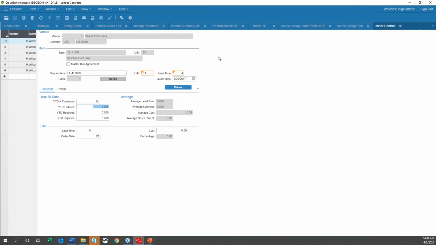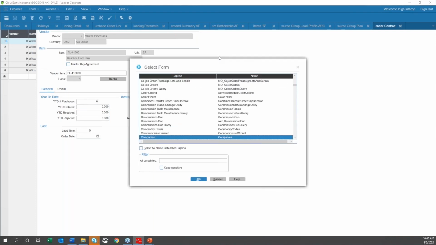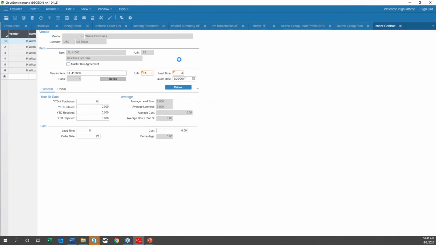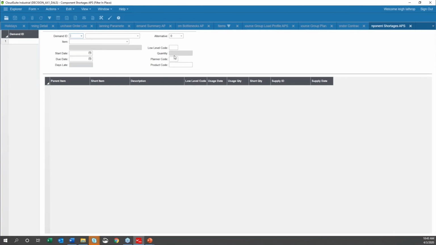In an APS environment, we've got a couple of really nice tools to use. Component shortages APS, we looked at this a moment ago, right? For a specific demand ID, I can see all of the components that were short on a specific demand.